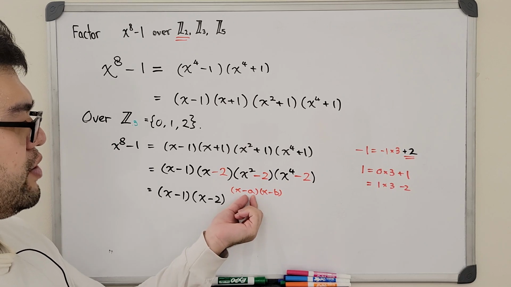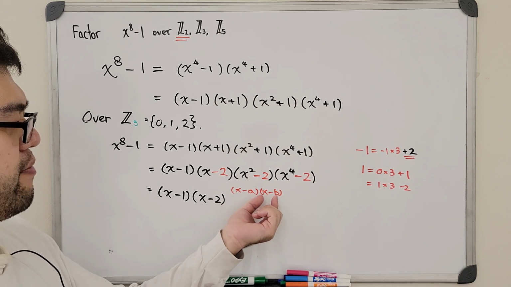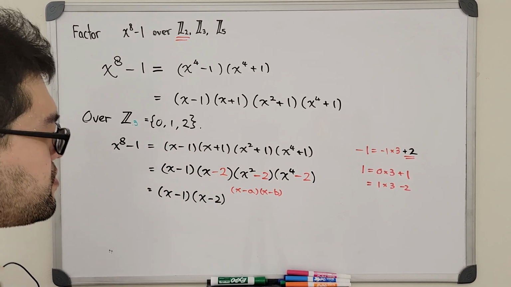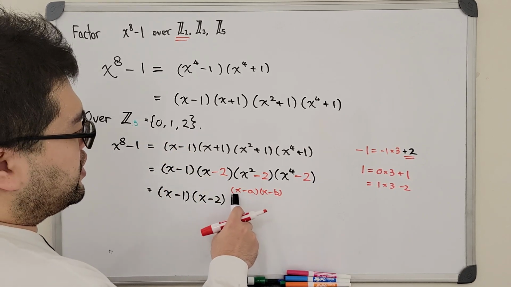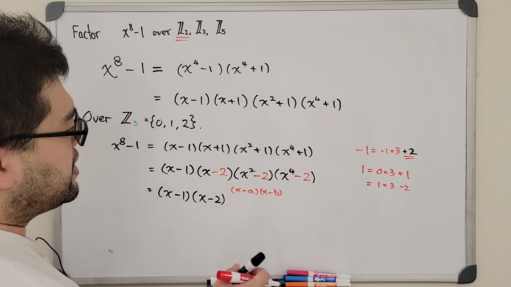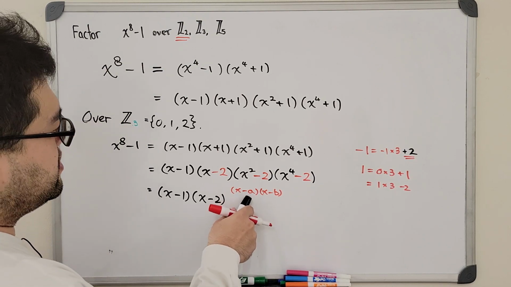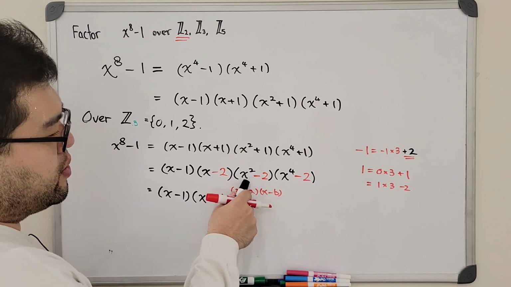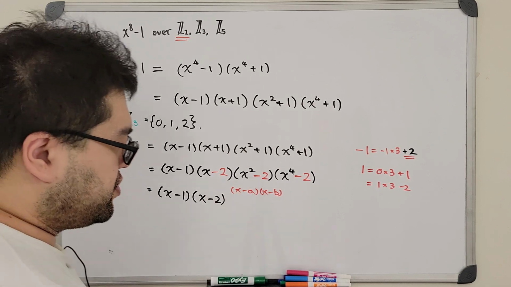In other words, a and b will be some elements 0, 1, or 2. But if we multiply back in, we will find out that no such elements a and b exist, so that the product will end up with x squared minus 2.